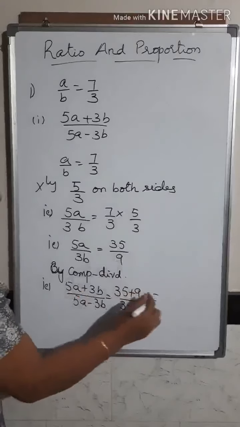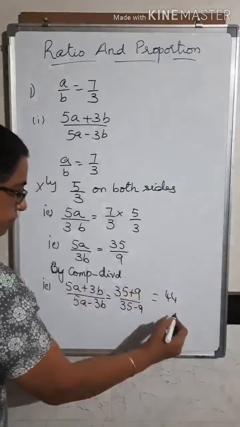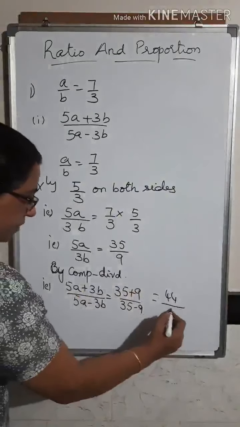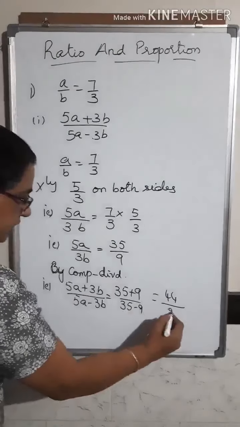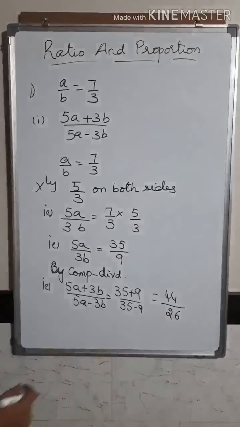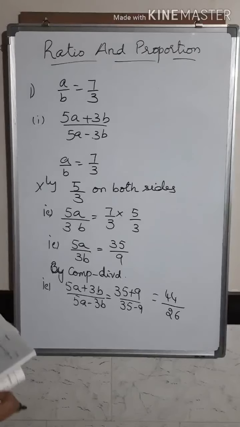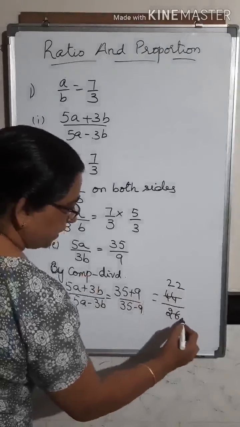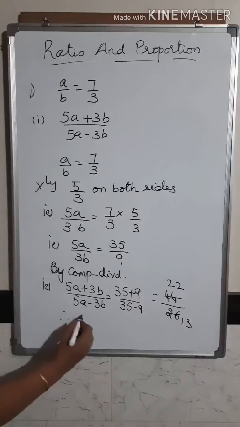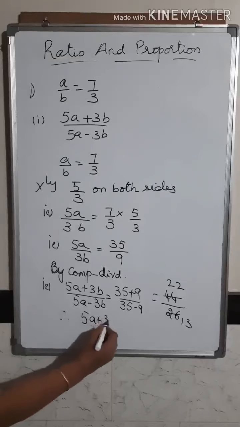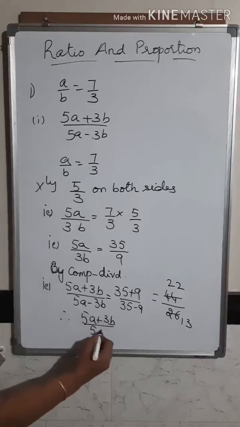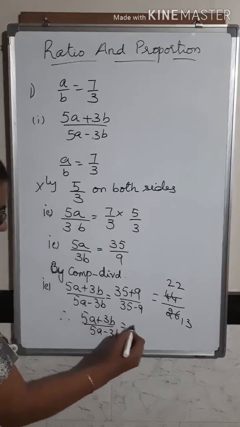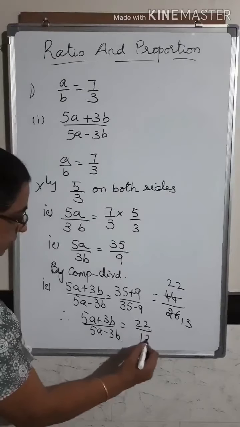Adding, you get 44 upon 26. Cancel both numerator and denominator by 2 and write the answer in the simplest form. You get 22 and 13. Therefore the value of 5A plus 3B upon 5A minus 3B is equal to 22 upon 13.